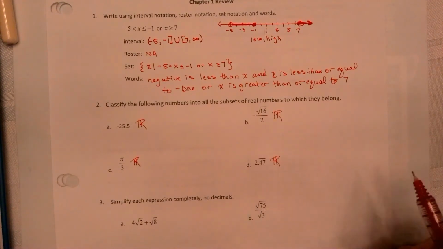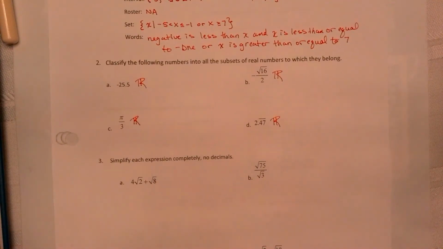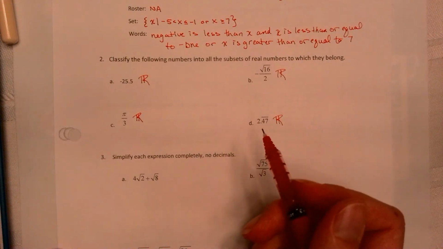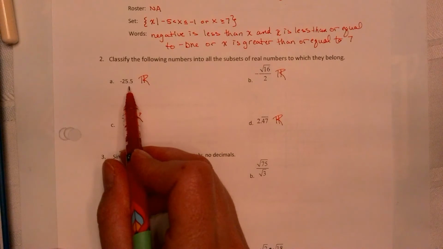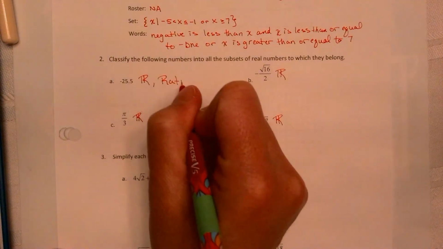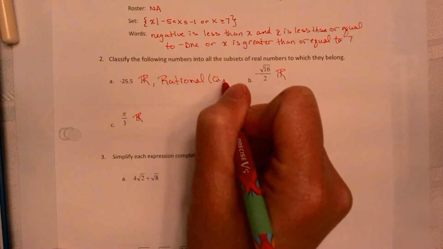My next decision is, are they rational or irrational? Rational numbers can be written as a fraction. It can be a terminating or repeating decimal. So here I have a terminating decimal. It ends at 0.5. So this would be real, and it would be rational. The symbol for rational is a double-lined Q if you're using that.